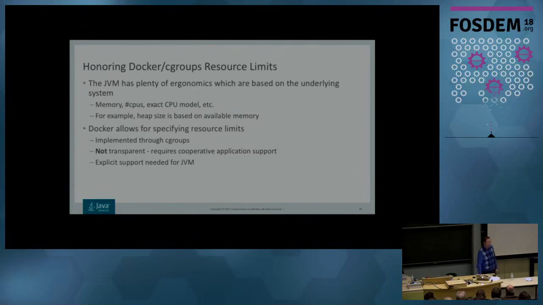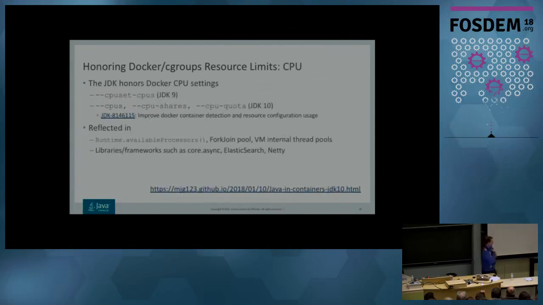With Docker, it turns out that this is not transparent, as in we need to do something explicitly. It doesn't just work to look at the same old numbers. So a lot of work has gone in lately into making sure that the JVM is aware of these things. Some patches landed recently and will be in JDK 10 when it's released next month.